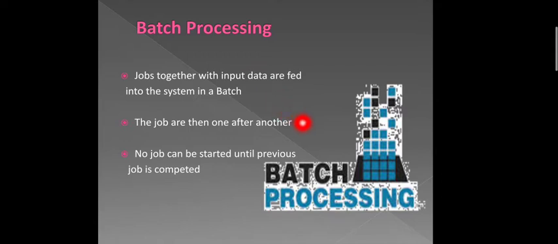The jobs are then run one after another. No job can be started until the previous job is completed. That means in this kind of operating system, multiple jobs are given to the computer system, but only when the first job is completed is the next job processed.